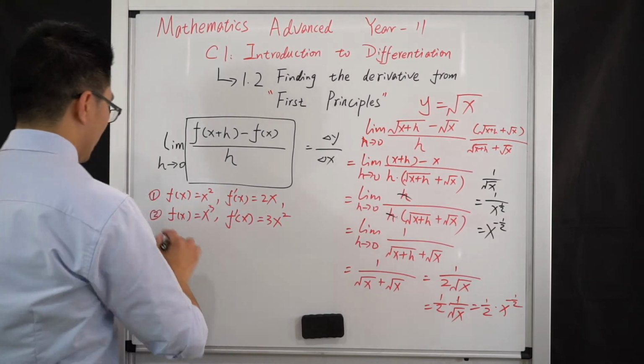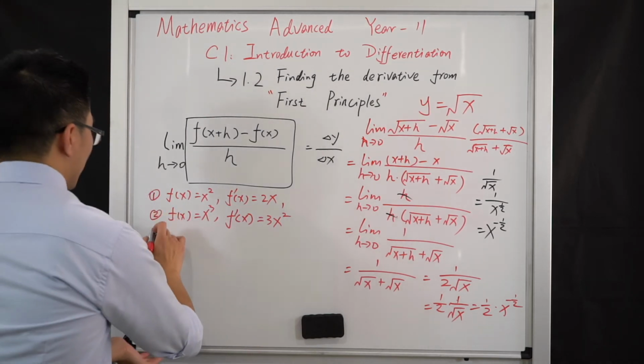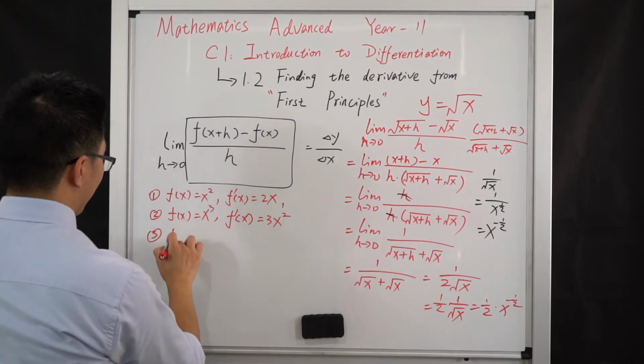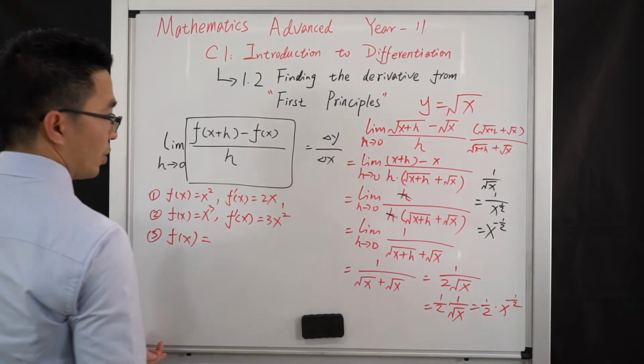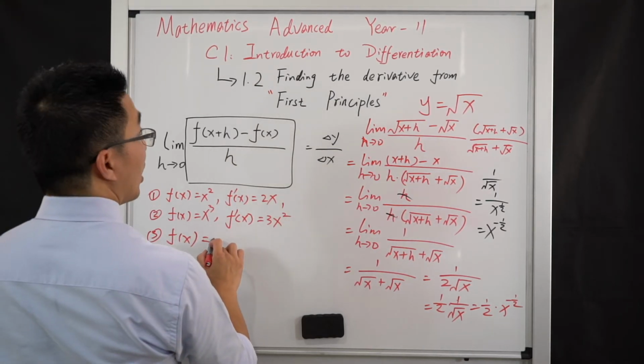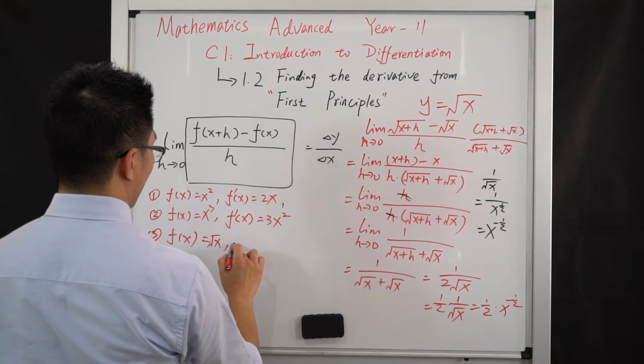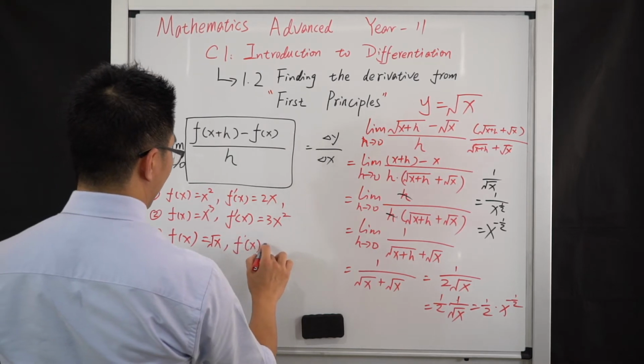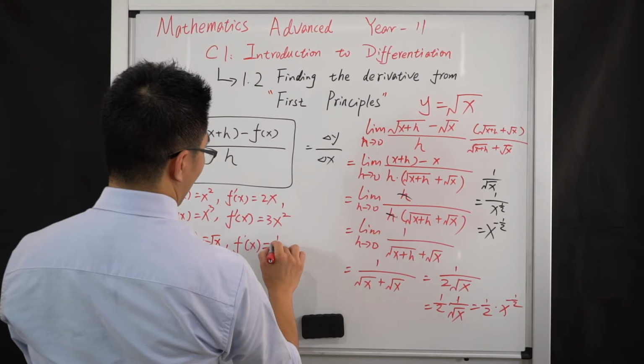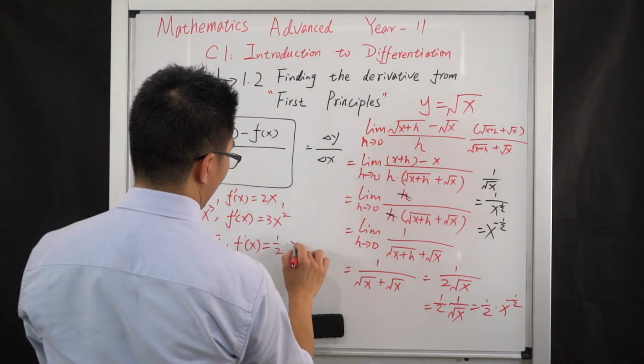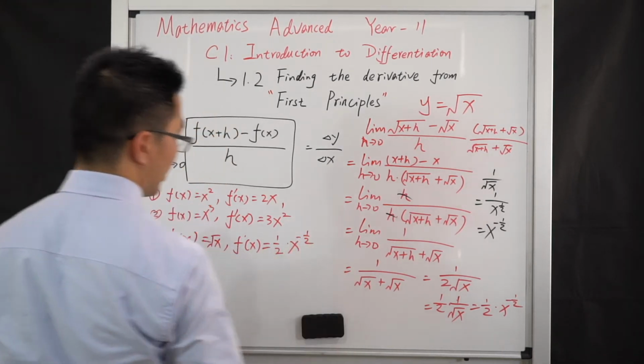So for the third example, we have f(x) equals the square root of x. Then its derivative equals half times x to the power of negative half.